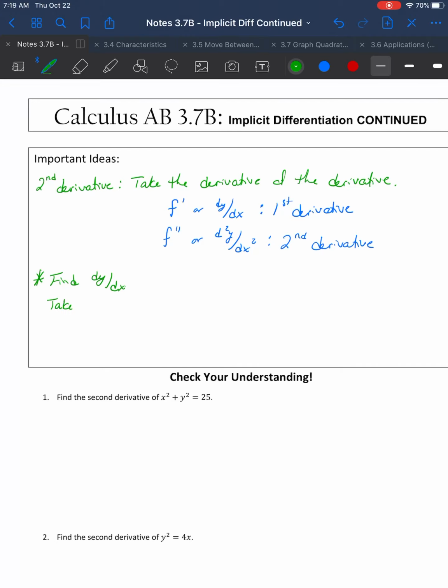Now, I've got a couple examples here. What we're going to do is find the derivative like what we were doing on the last lesson. Then we're going to take the derivative of that answer.